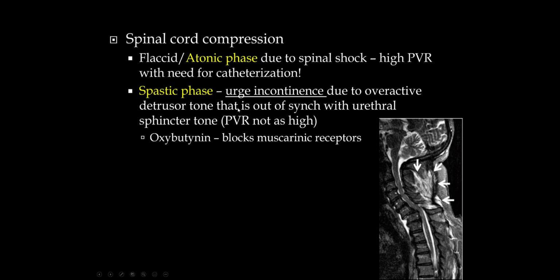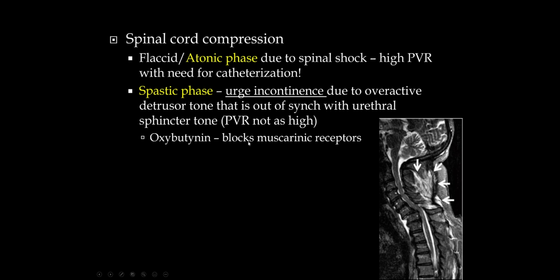And if you do a post-void residual in these patients, it isn't nearly as high as what you see during the flaccid or atonic phase. And so this could be multiple sclerosis, like a patient with transverse myelitis, cord compression, anything that affects the spinal cord. Eventually, we're usually dealing with this spastic phase or urge incontinence.